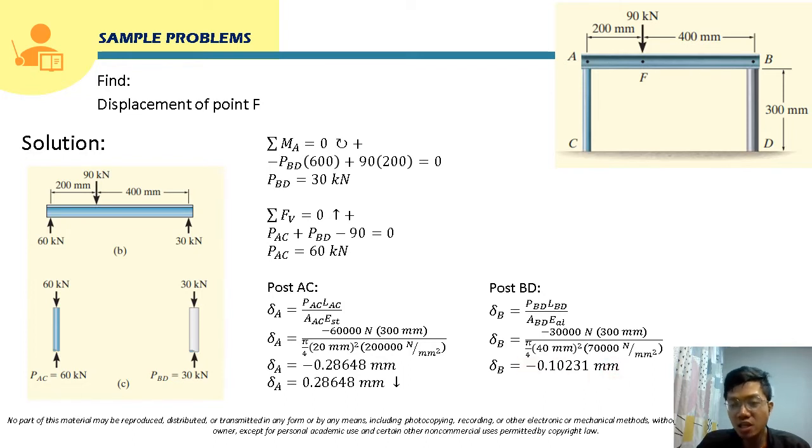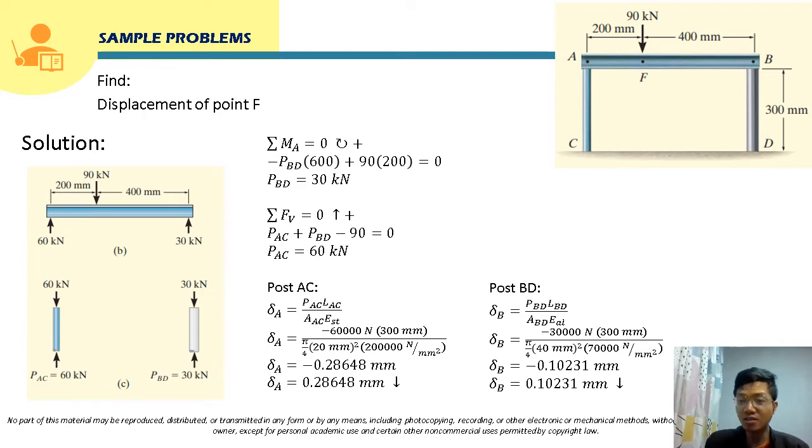The negative sign indicates that the deformation is contraction, or compression. The deformation of post BD is equal to the displacement of point B, so point B will go down 0.10231 millimeter.